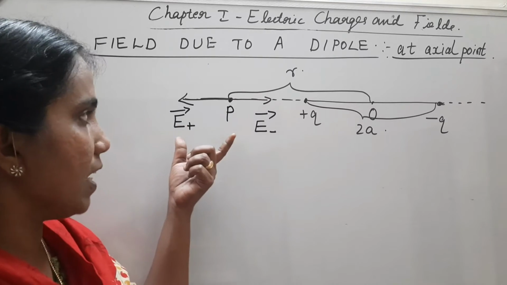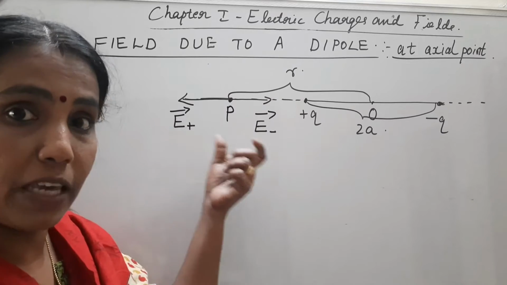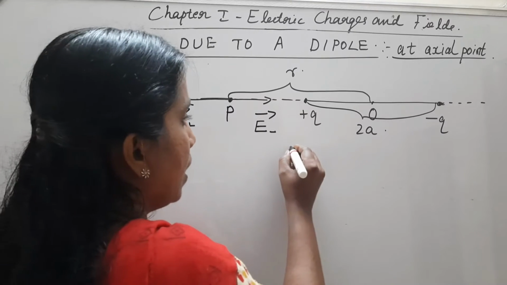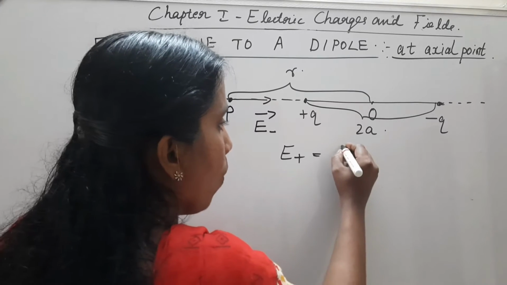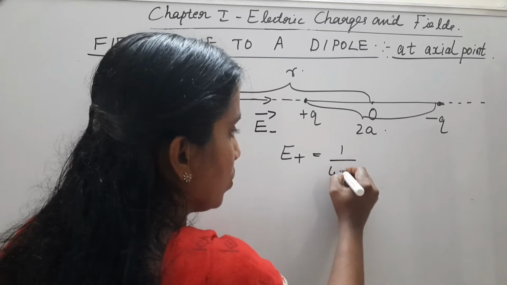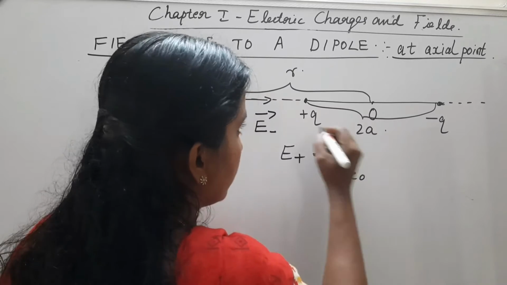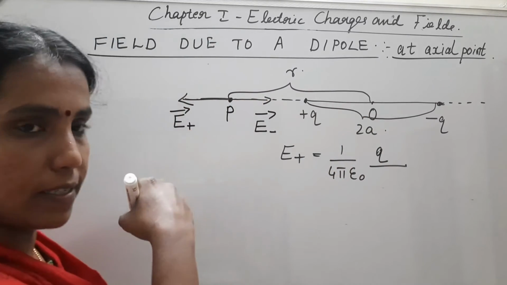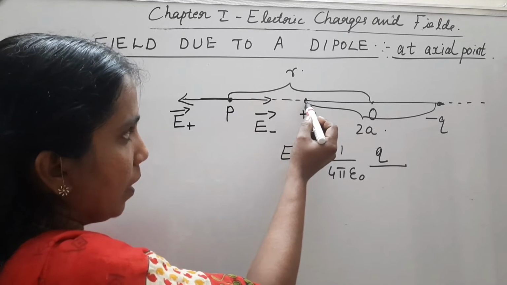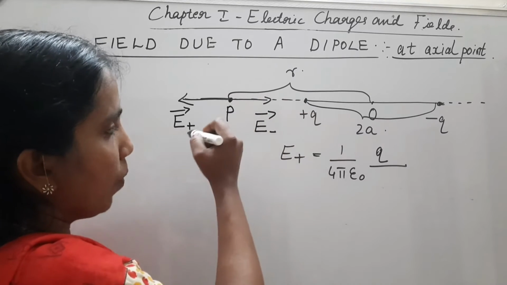Okay, so let's see what is the magnitude of E plus and E minus. So E plus, the magnitude will be equal to 1 by 4 pi epsilon 0 Q, that charge, divided by square of the distance. What is the distance of the charge Q from the point P?